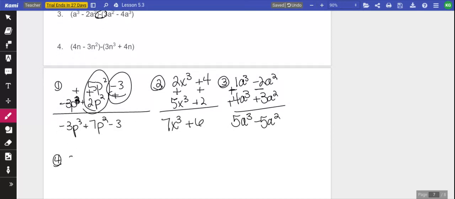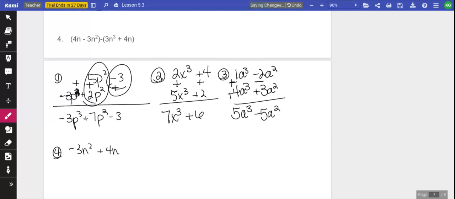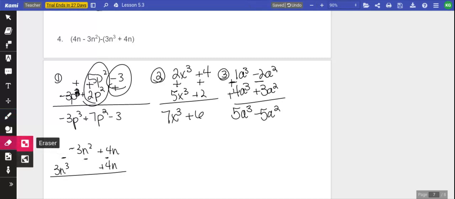Number 4, I'm going to start with the negative 3n squared and then plus 4n. And then on the second one, I have 3n cubed, which is going to go out front, and then 4n on the back. And I'm subtracting these. Move the 4 out of the way.